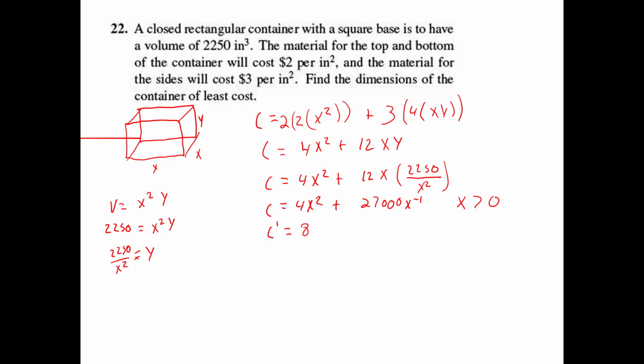When we get 8x minus 27,000 over x squared. X cannot be 0, so to find our critical points, we can set our derivative equal to 0 and clear the fractions.